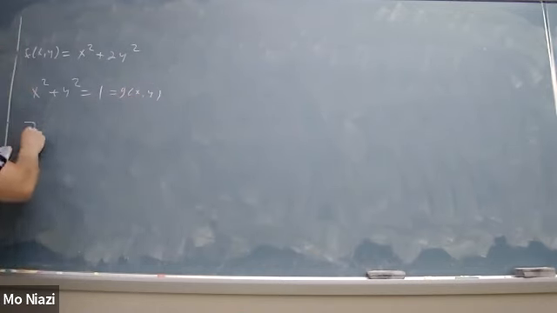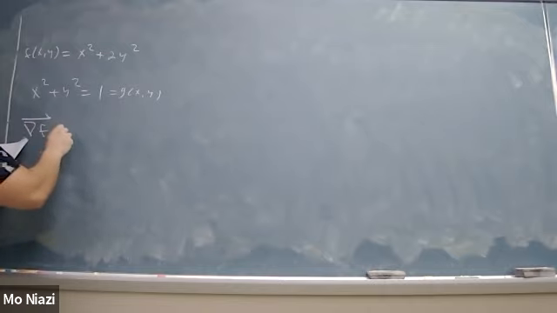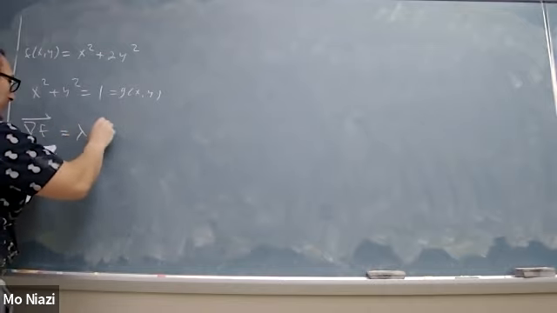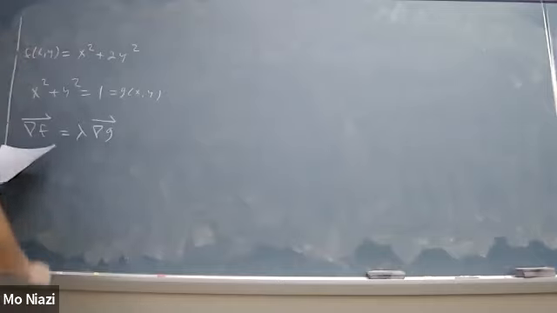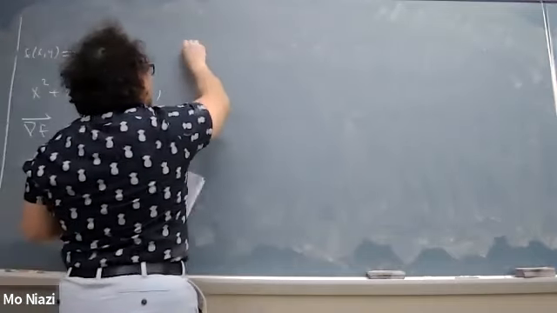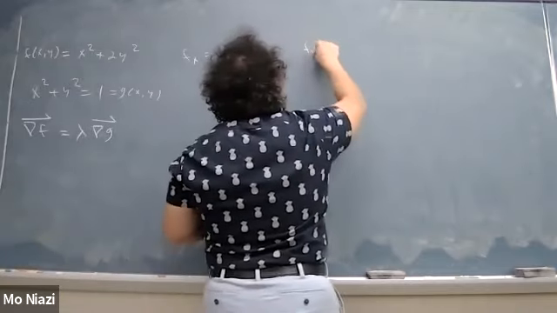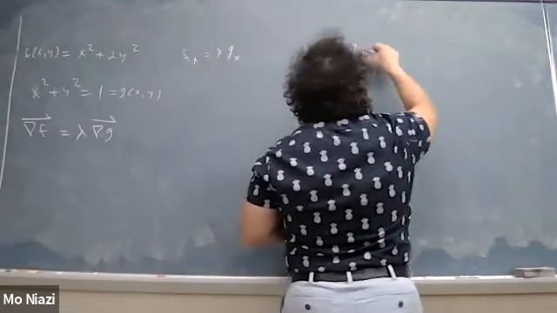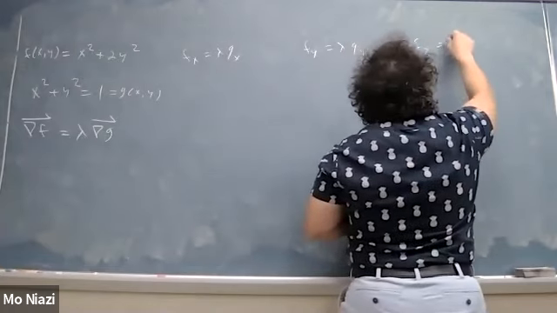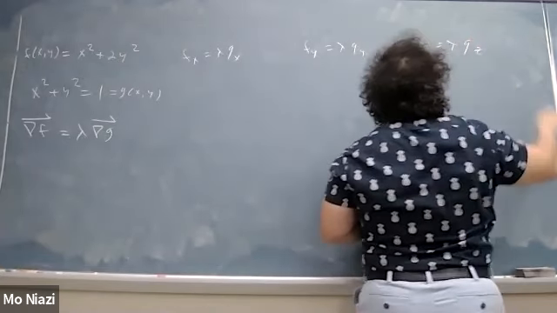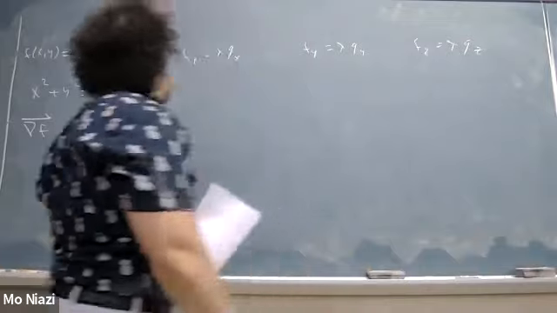So to use Lagrange multipliers, we have to calculate the gradient of f and set it equal to lambda times the gradient of g. So what we get is f_x = lambda g_x, f_y = lambda g_y, f_z = lambda g_z. You understand why that's happening, right?